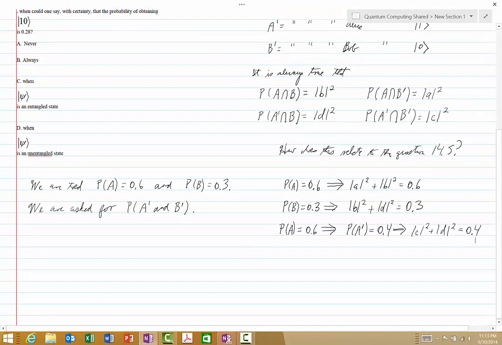And similarly, the probability of B equals 0.3 implies probability of B prime equals 0.7, which means that magnitude of A squared plus magnitude of C squared is equal to 0.7.